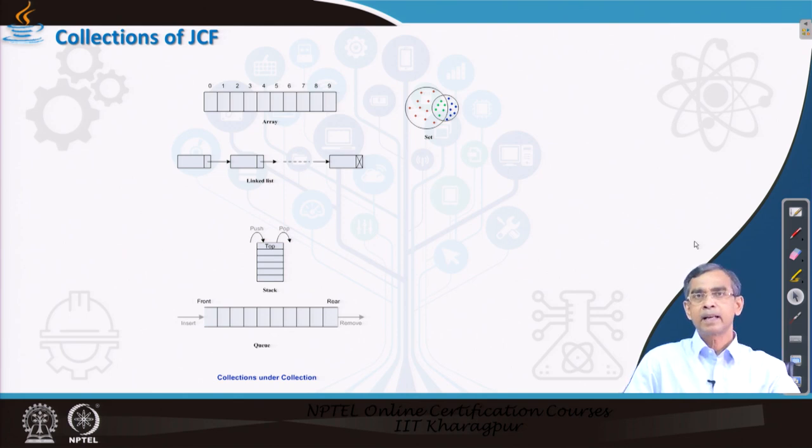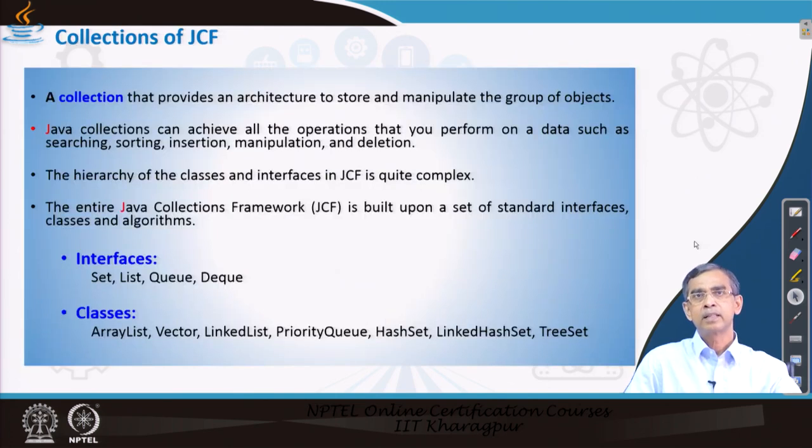The interfaces and classes discussed in this lecture provide the facilities for how a particular type of collection can be maintained and managed. Overall, the collection is a very vast thing, because it covers so many data structures in one bundle.